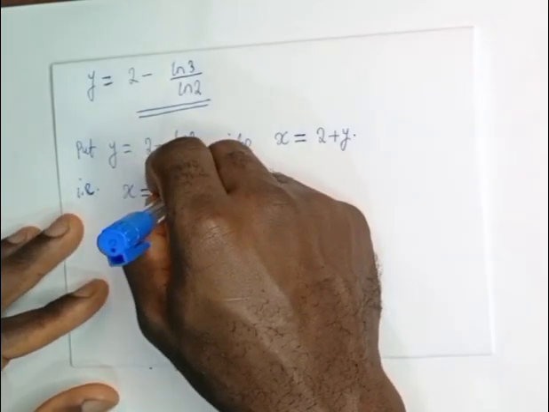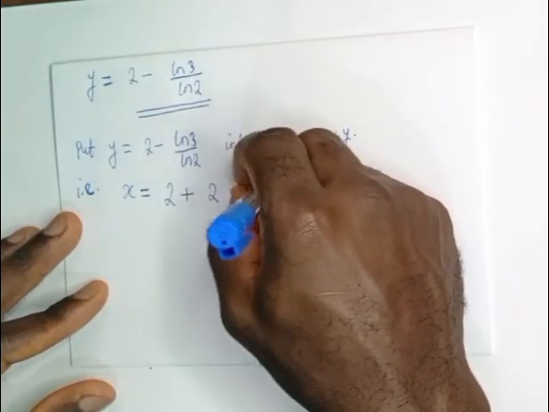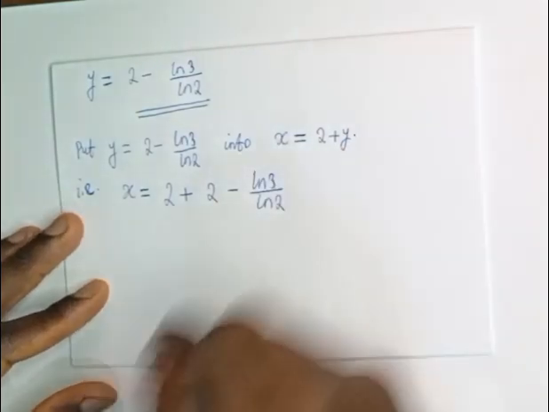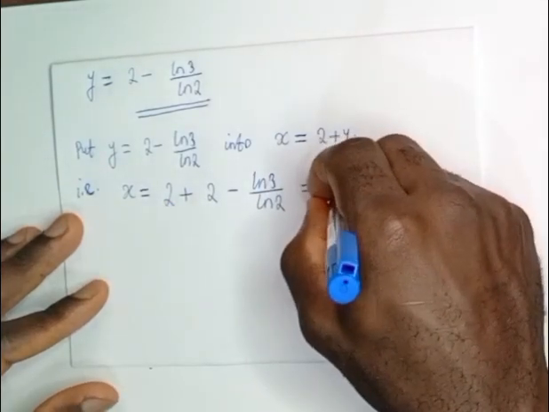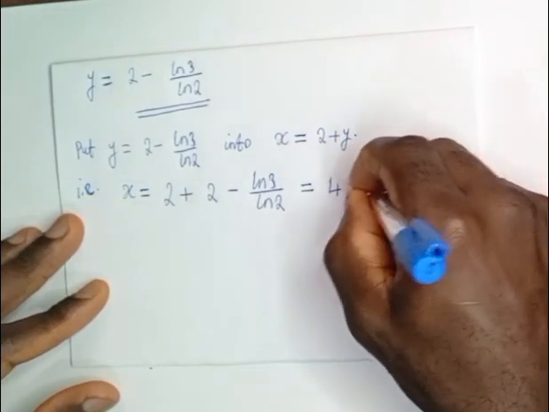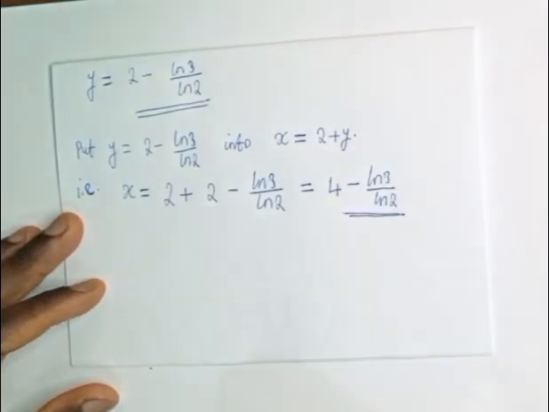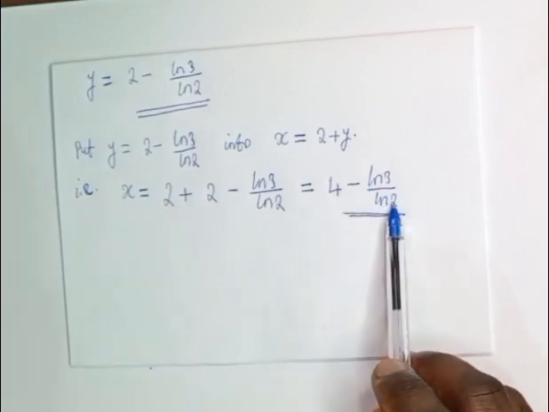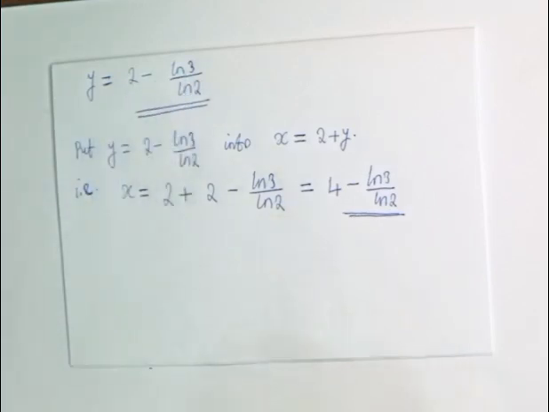It gives us 2 plus 2 minus ln 3 over ln 2. And this will simply be equal to 2 plus 2 gives us 4 minus ln 3 on ln 2. Therefore, x is equal to 4 minus ln 3 on ln 2, and y is equal to 2 minus ln 3 on ln 2. We can verify to see if these values of x and y are correct.